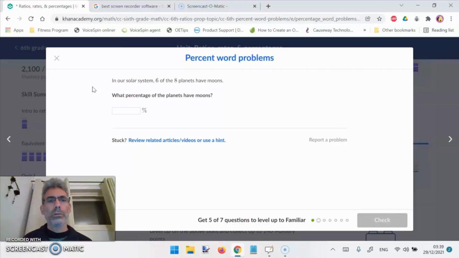What percentage of the planets have moons?